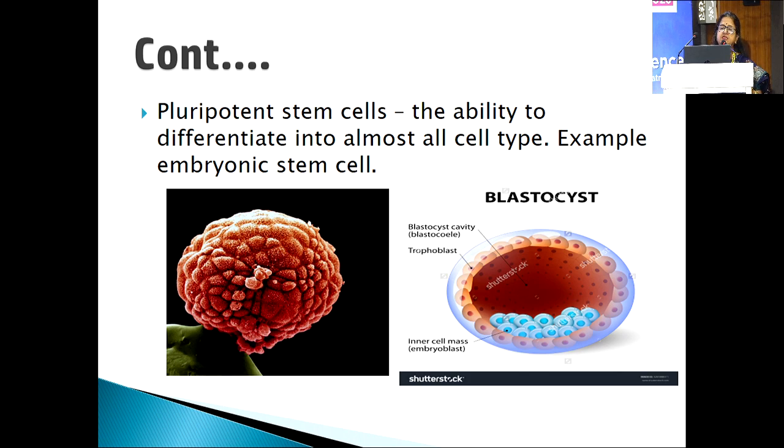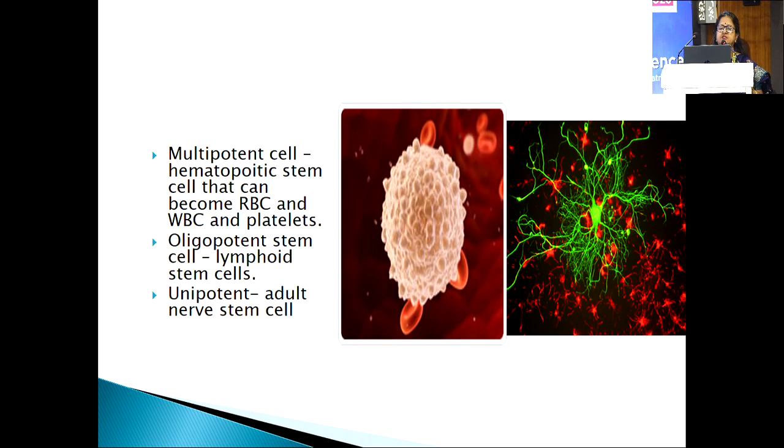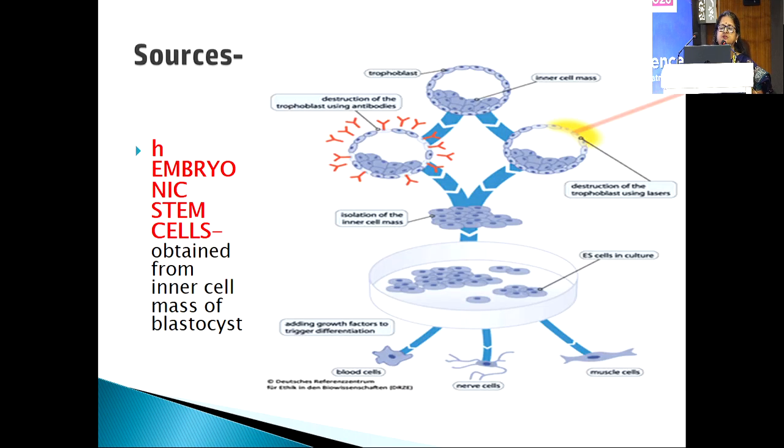Pluripotent stem cells have the ability to differentiate into almost all cell types, for example embryonic stem cells. Multipotent stem cells are the hemopoietic stem cells that become RBC, WBC, and platelets. Oligopotent stem cells are the lymphoid stem cells, and unipotent are the adult nerve stem cells.